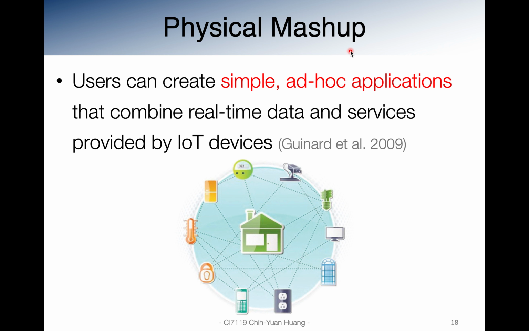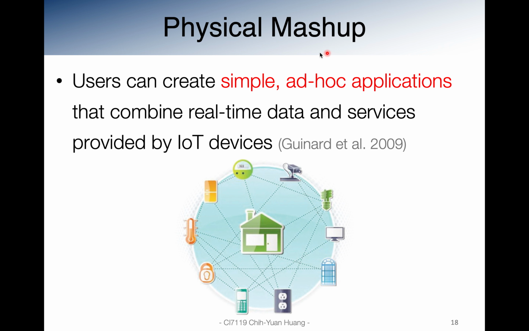We have mentioned before the traditional mashup, the mashup in technology, the mashup in the geospatial field, and the map mashup. But here for the IoT, we can mention a term which is called the physical mashup.